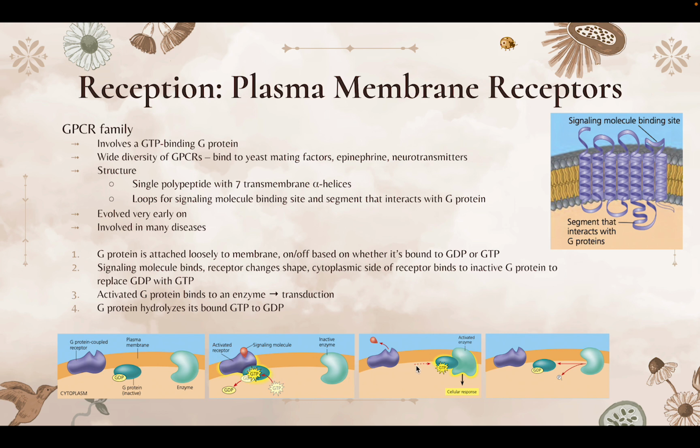Now the activated G protein goes and binds to an enzyme and activates that enzyme. That enzyme can lead to signal transduction, which leads to a cellular response. This is really powerful because this G protein oftentimes can go activate multiple enzymes, so we can amplify this response right here.